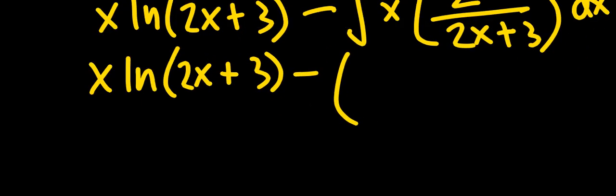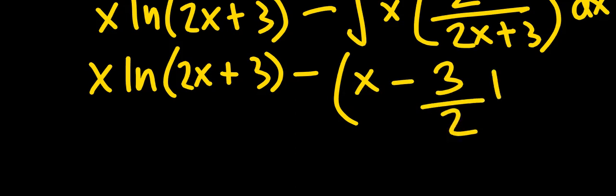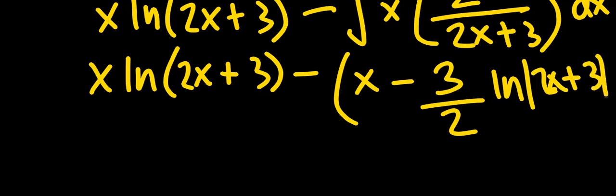Okay, so our v du was x minus 3 over 2 ln of 2x plus 3.